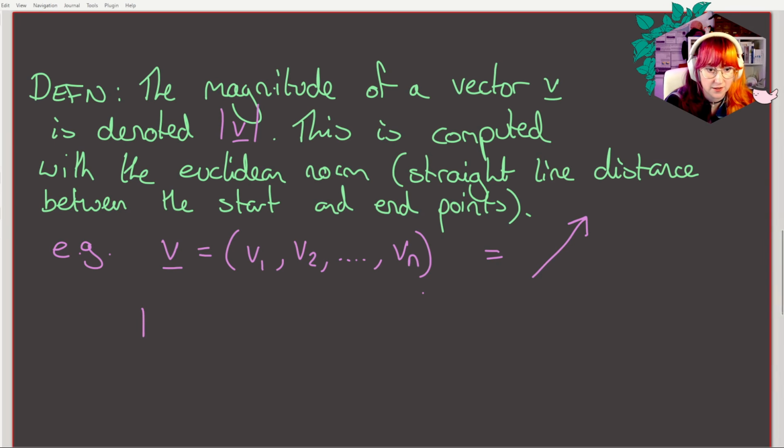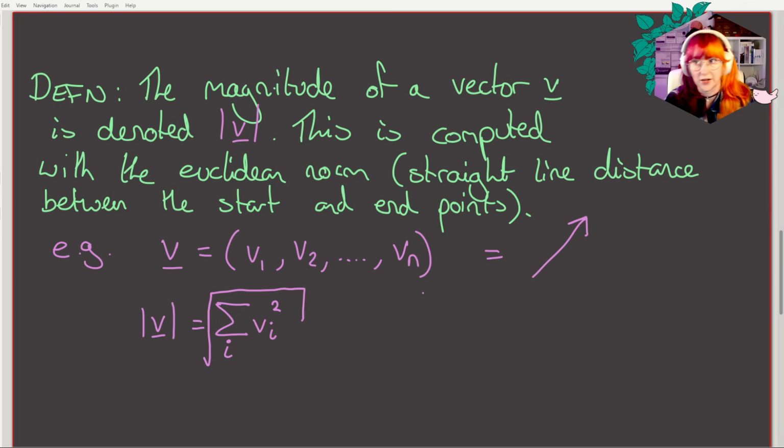Then the norm of my vector, the length of my vector, is computed as the sum over all of the elements squared, and then square rooting it.